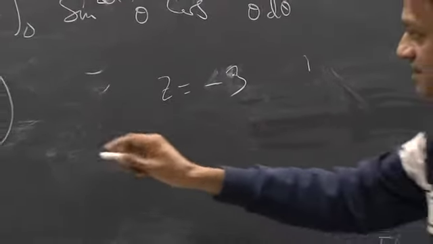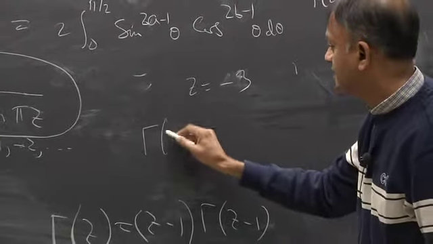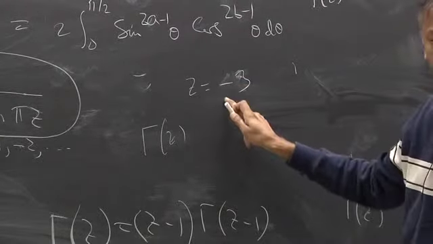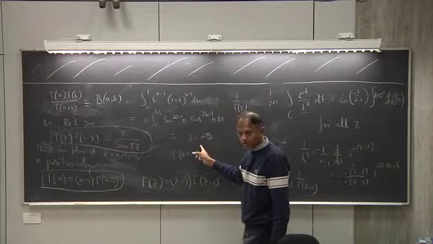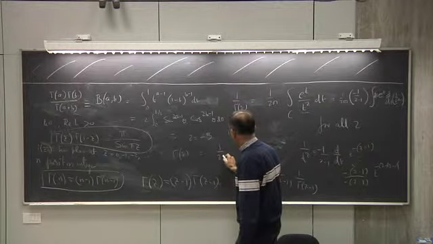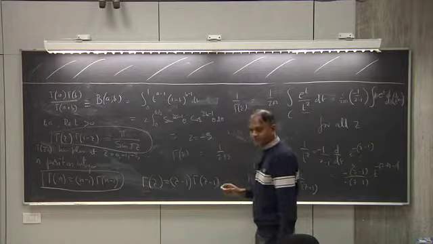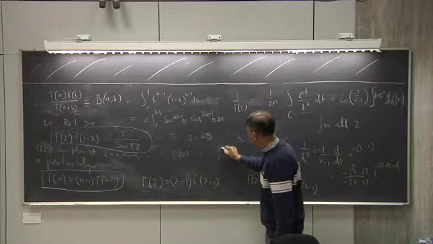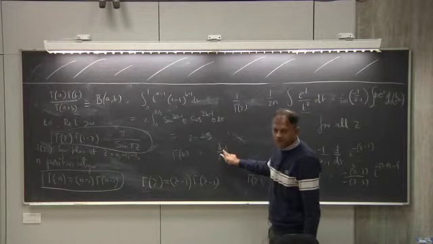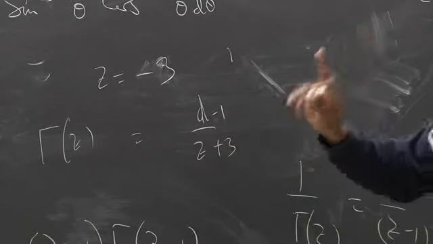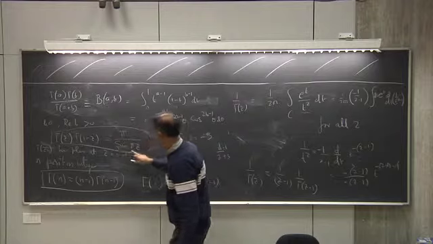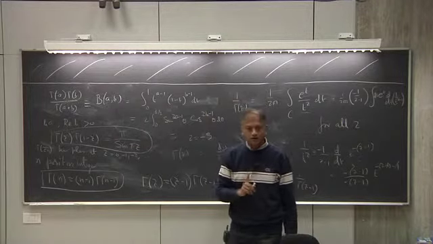When you make a Laurent expansion of gamma z around this point, because there is a pole, the coefficient of 1 over z plus 3, which we call d minus 1, gives you the residue.